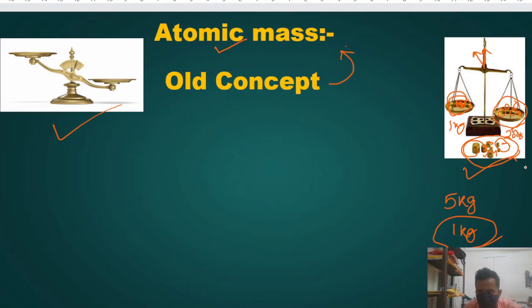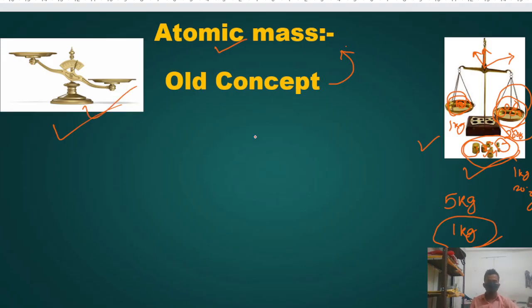Let's suppose you add 200 gram, then the needle moves to this side because this side becomes heavier. It is like this.